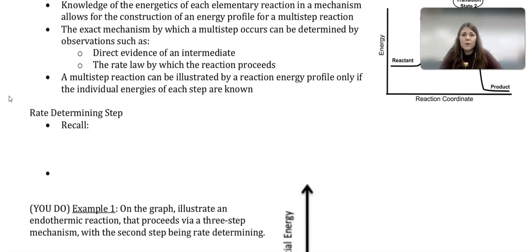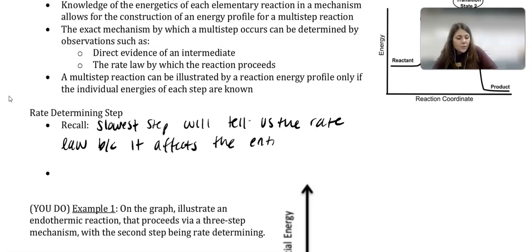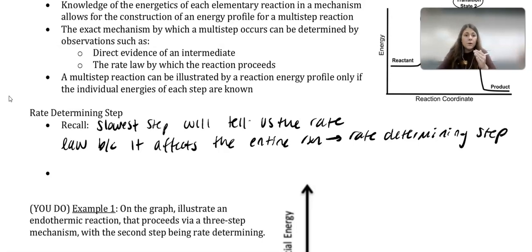Real quickly, just recall previously that we had learned that the slowest step will tell us the rate law because it affects the entire reaction. So that's why we call it the rate determining step. It is taking the longest for it to occur, and the others end up being super quick and fast.